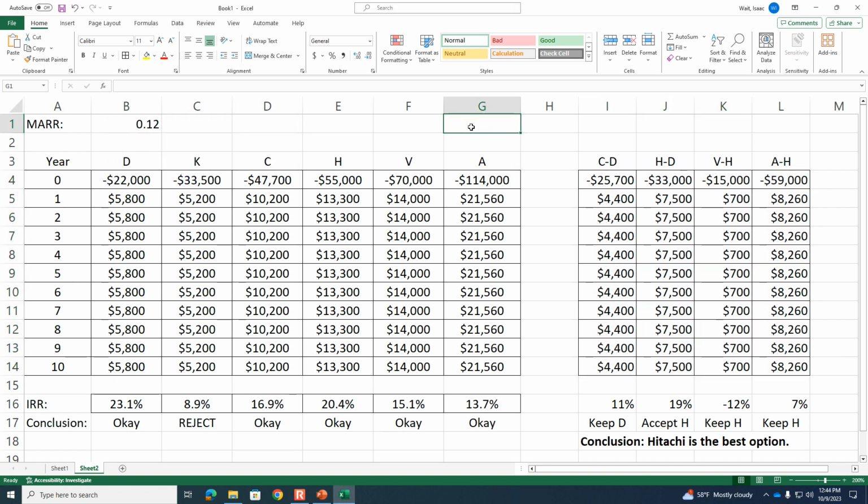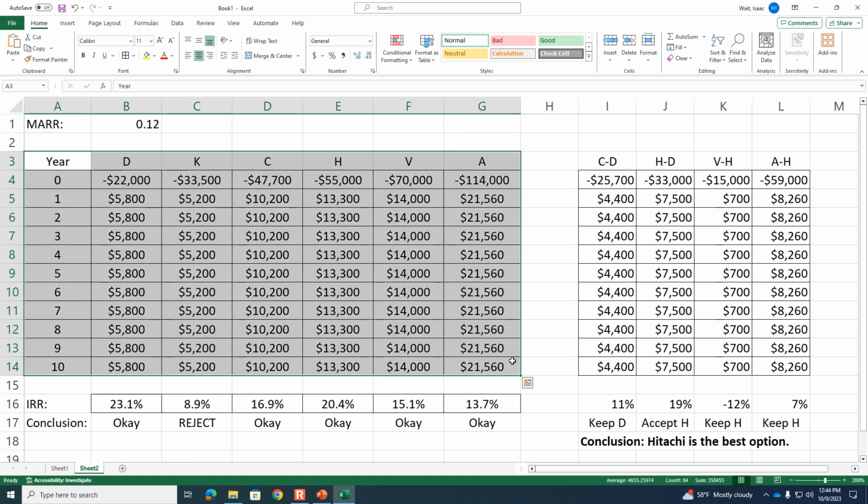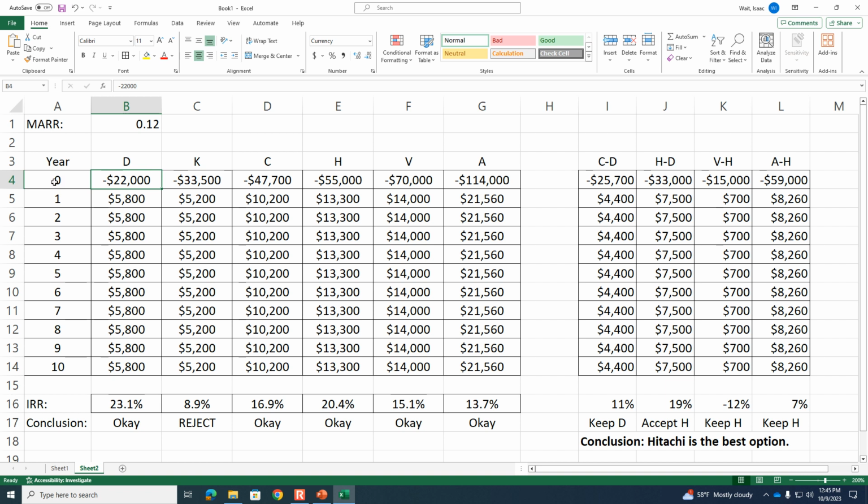Okay, so just to summarize, what we started with is basically the given data. It just said annual net revenue, but it was for a 10-year lifespan. So you generate this cash flow table for each of the options, and we did the initial screening using internal rate of return.